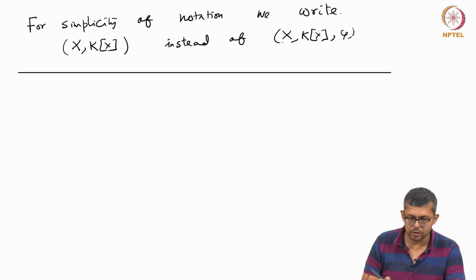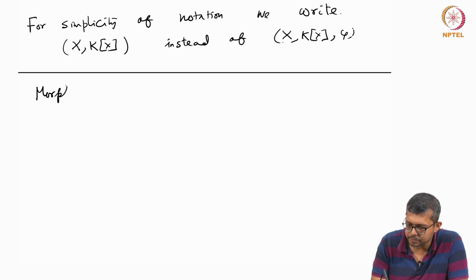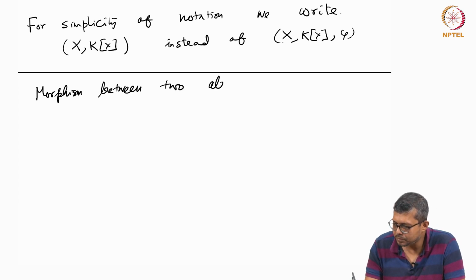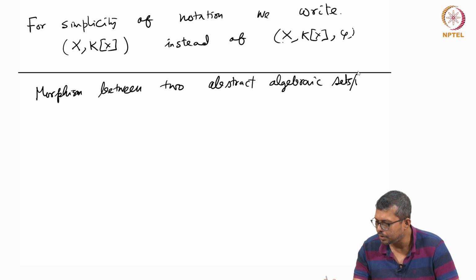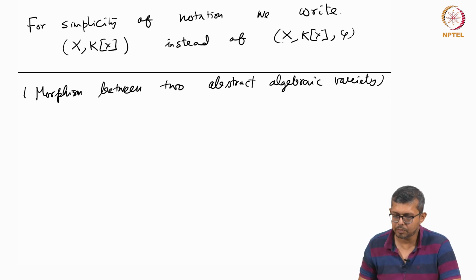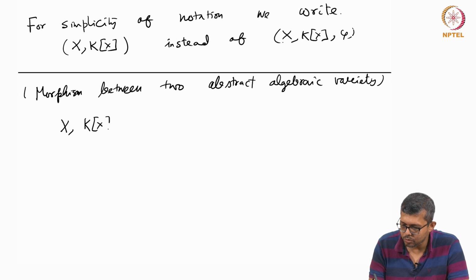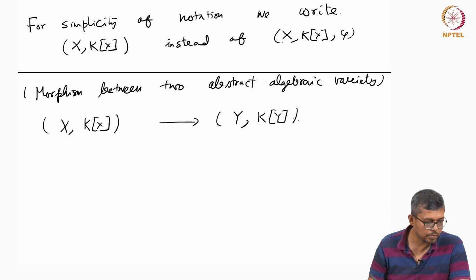Okay. So, now once you define some object, you have to define what the morphism between these is. So, a morphism between two abstract varieties, suppose x, kx and y, ky are two such objects, consists of two things.